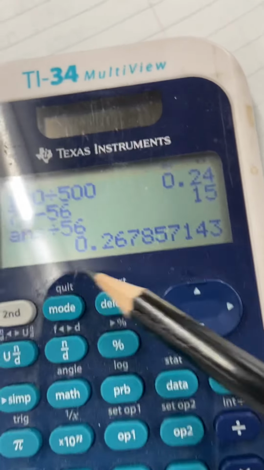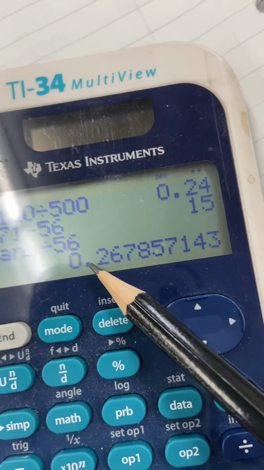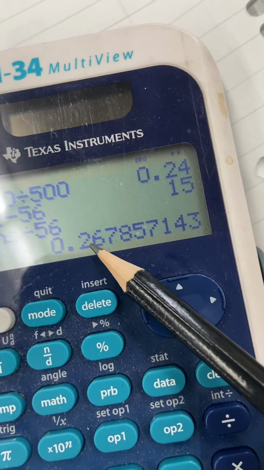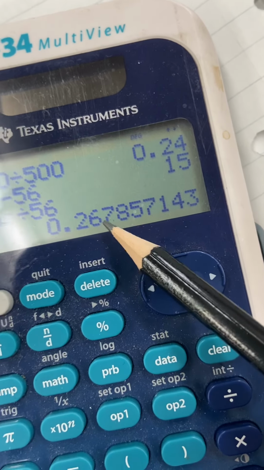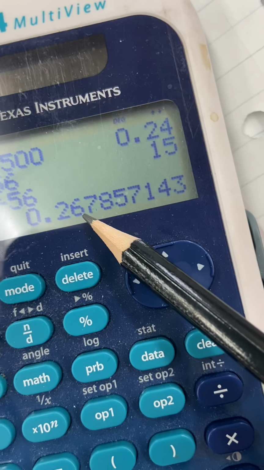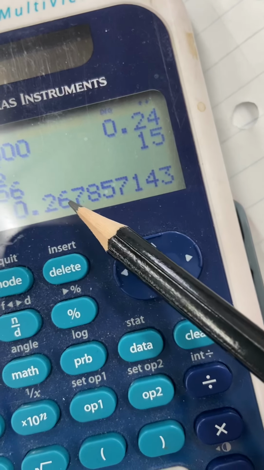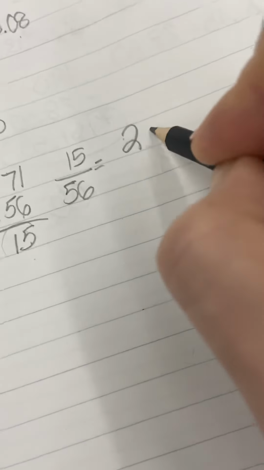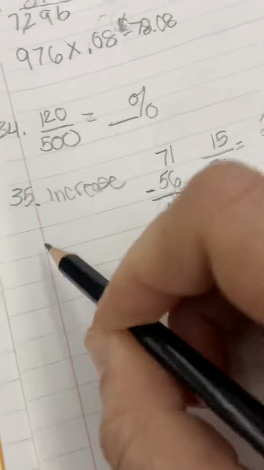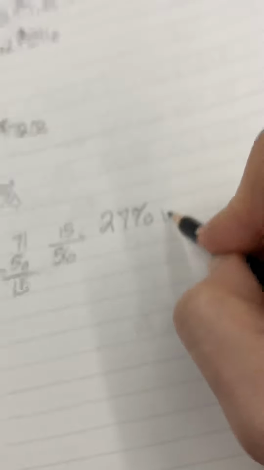Okay, there we have a nice number. Look at that. Move the decimal point over 2 times, but it's a 0.7, so I'm going to raise the 6 to a 7. So this would be 27%. All right, so 35 would be 27%, and I put increase over here, so I remember that now, increase.